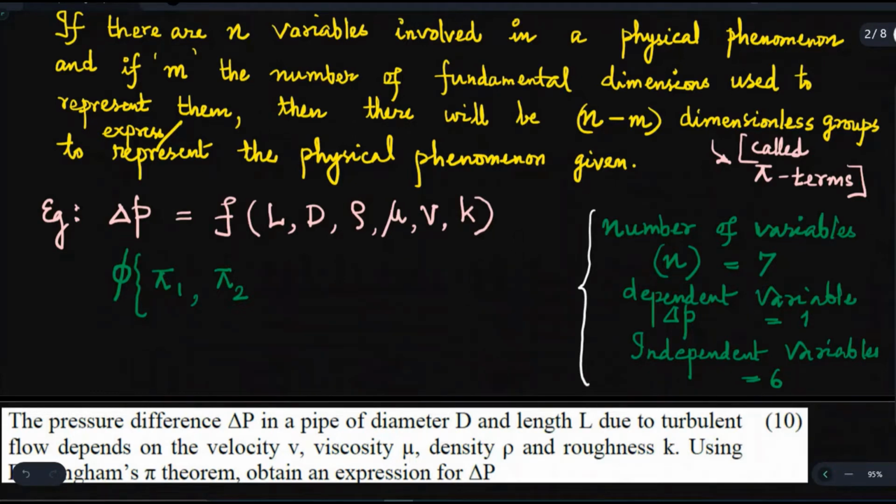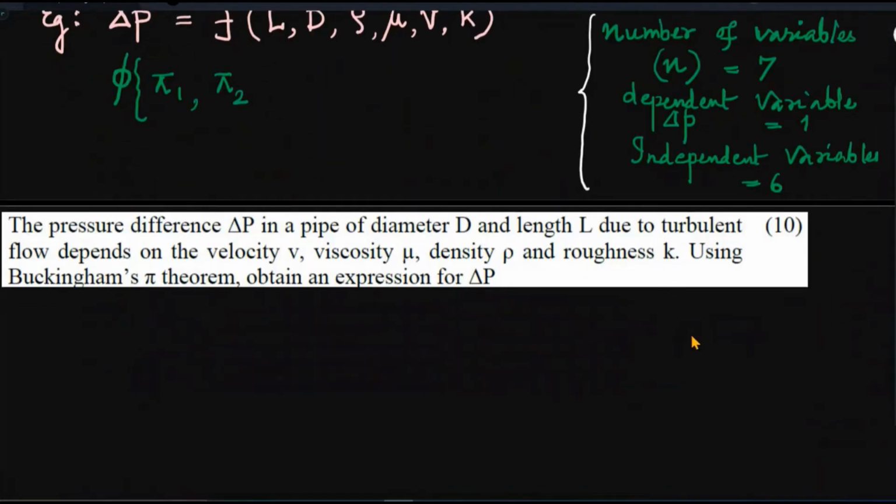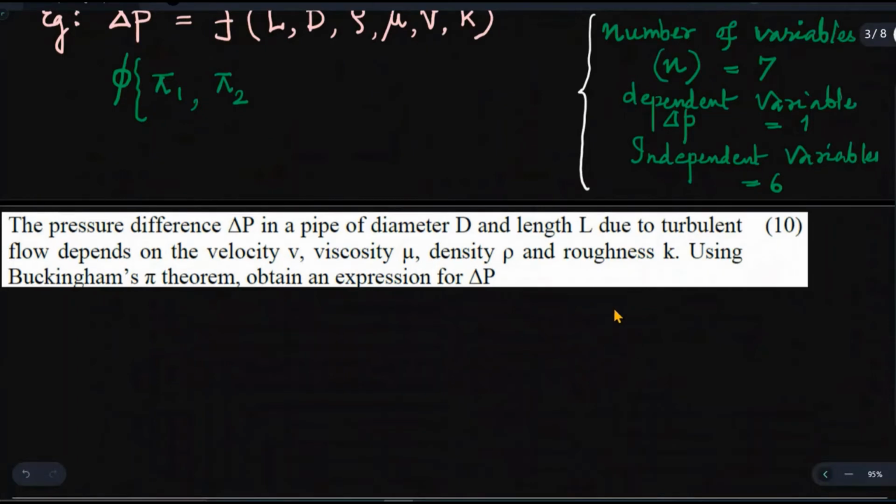So now the number of pi terms we have to find out. So how do you find that out? In this problem, we need the number of fundamental dimensions required to express the variables given.